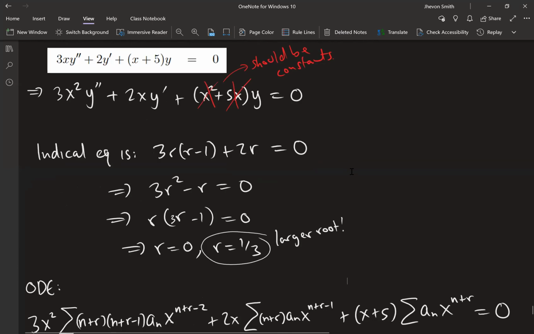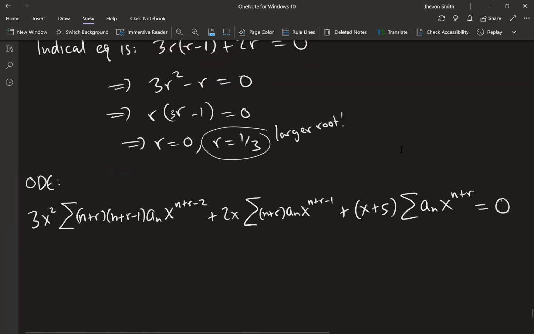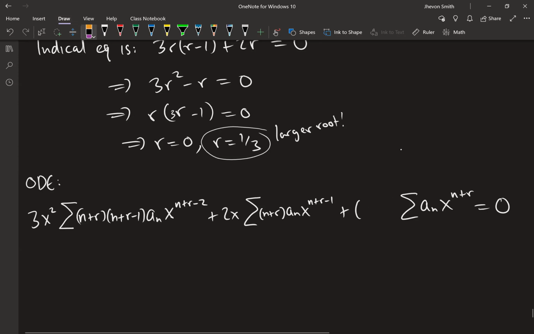Actually, I'm looking at the new equation, so it's x squared plus 5x.